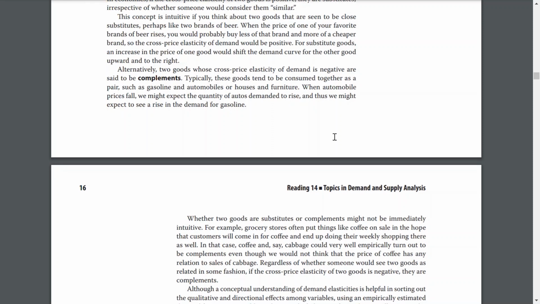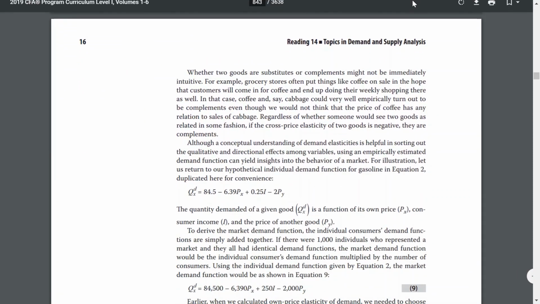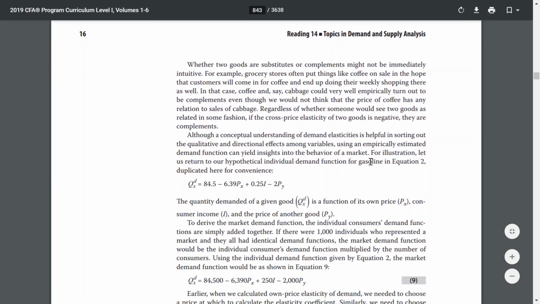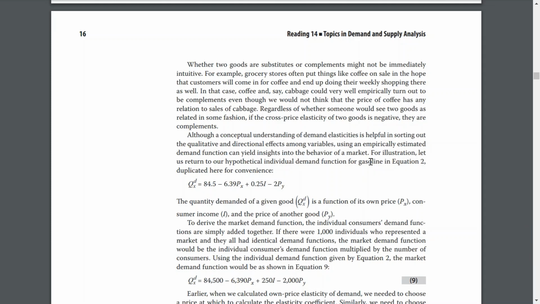Whether two goods are substitutes or complements might not be immediately intuitive. For example, grocery stores often put things like coffee on sale in the hope that customers will come for coffee and end up doing their weekly shopping there as well.